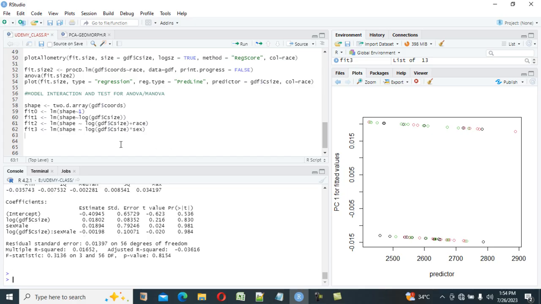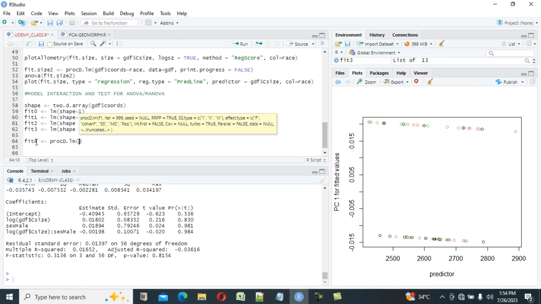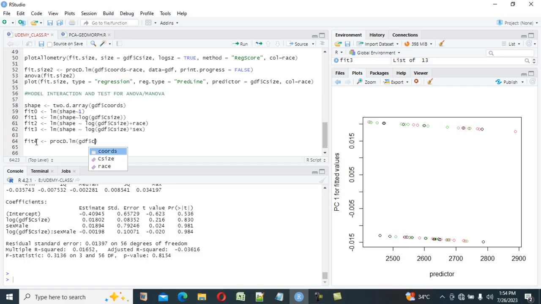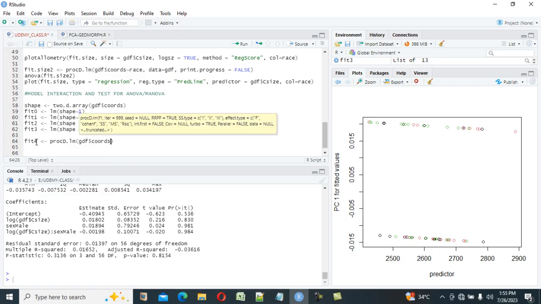How do you perform ANOVA then? If you want to look at ANOVA, for example, let's say we have fit 4. Let's say perform ANOVA now. For example, we have GDF for the coordinates.